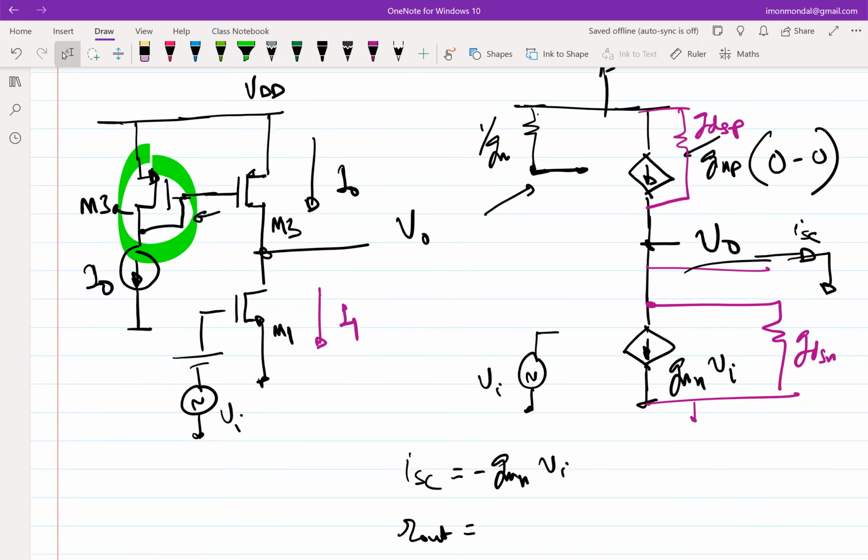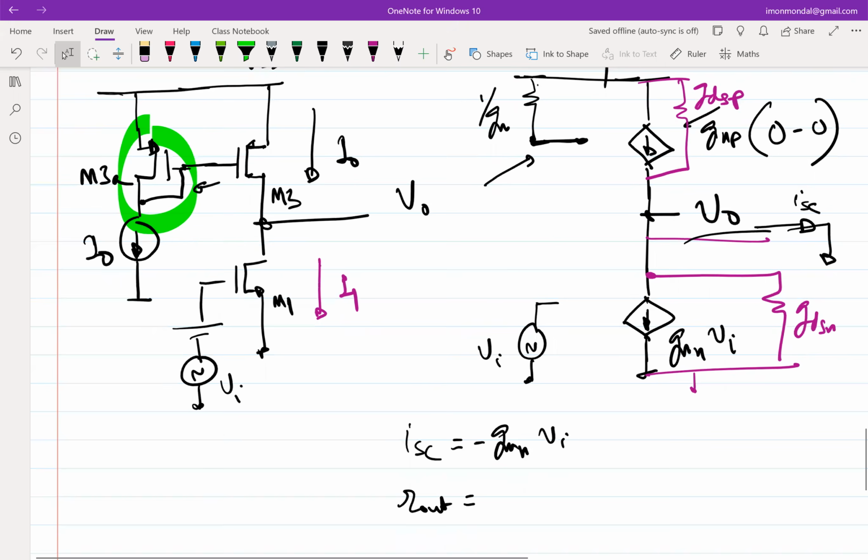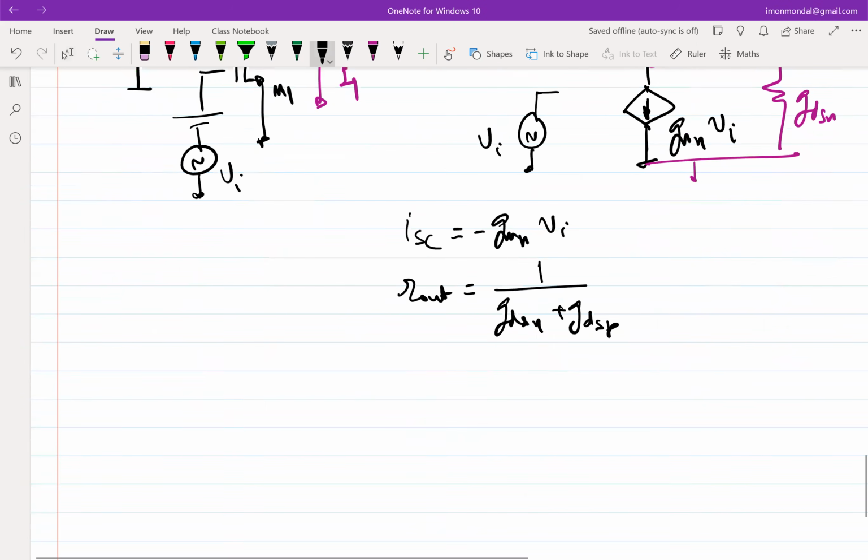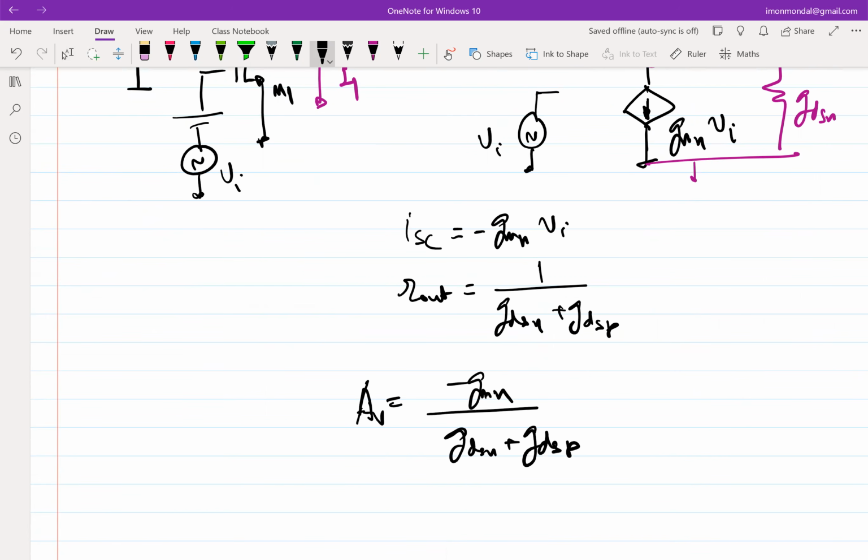But there is a GDSP, which means that, what is my Rout? It is 1 by GDS. Two conductances in parallel simply add up, GDSN plus GDSP, which means my gain now becomes minus GMN by GDSN plus GDSP.